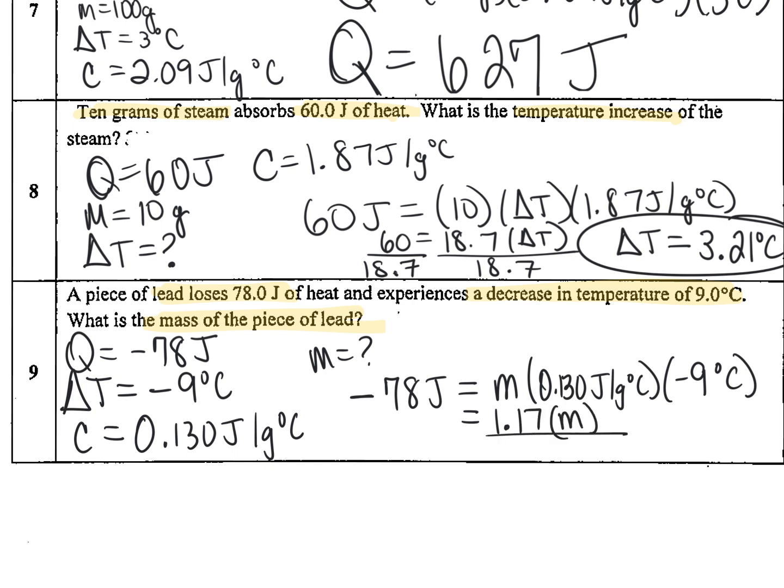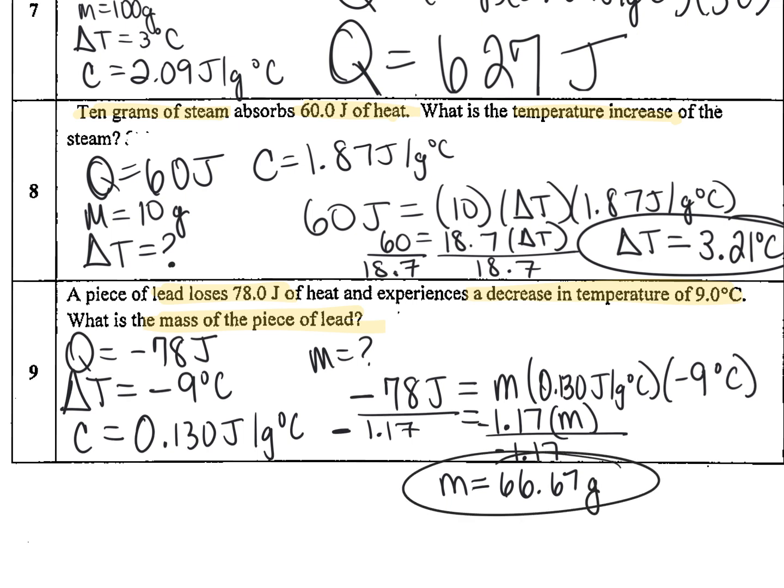We want to calculate what the mass is. So we're going to divide both sides by 1.17. And this would actually be negative 1.17. So our negatives end up canceling out. So we take 78 and we divide it by 1.17. And we get a mass of 66.67 grams is going to be our answer. So now your homework is to do number 1 through 4 on your own.